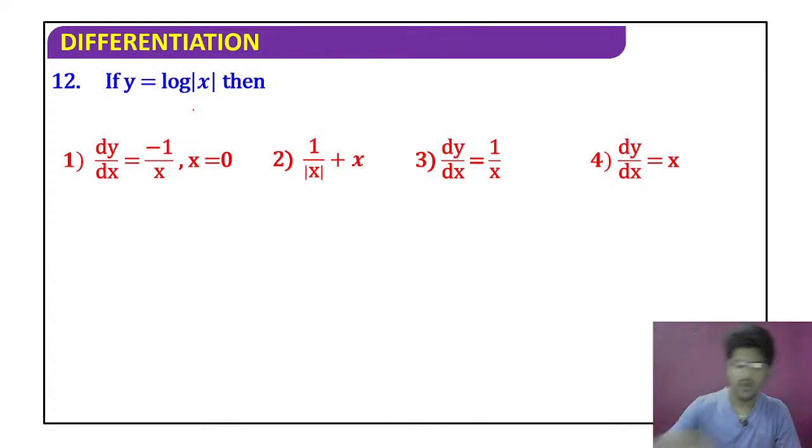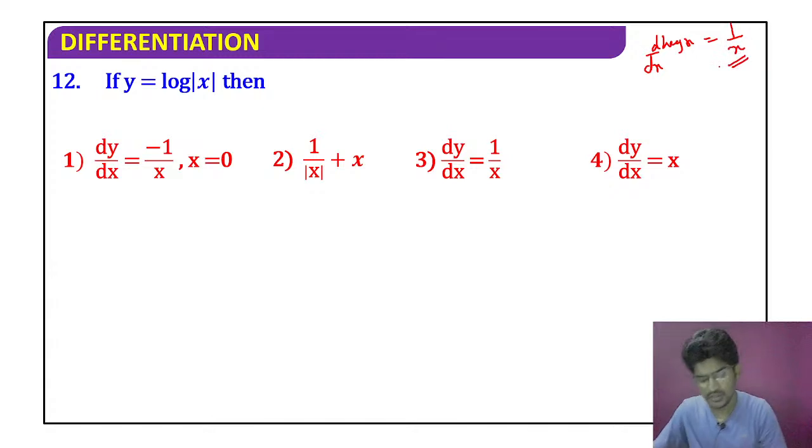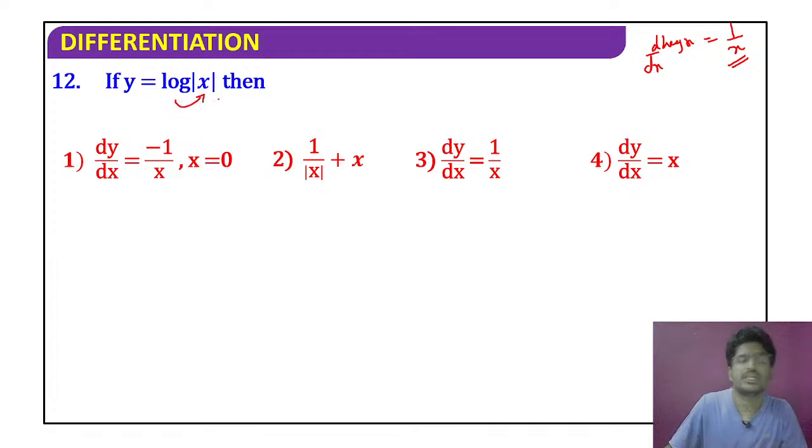So all of you know the differentiation of log x is 1 by x, right? But here you have log of mod x. Can anyone tell me what is the differentiation of mod x?